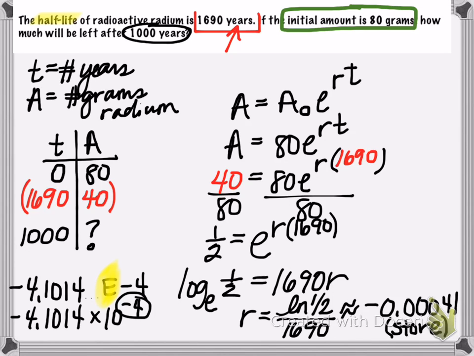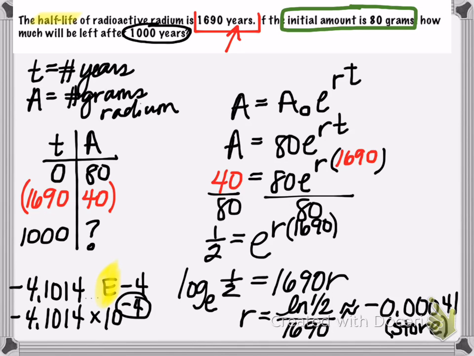So we have r is equal to negative 0.00041. Also good to note before we go further, notice that the r value is negative, and that's exactly what we will expect in an exponential decay situation. Since the amount of radium is decreasing exponentially, we expect to have a negative r value. That's our relative decay rate.